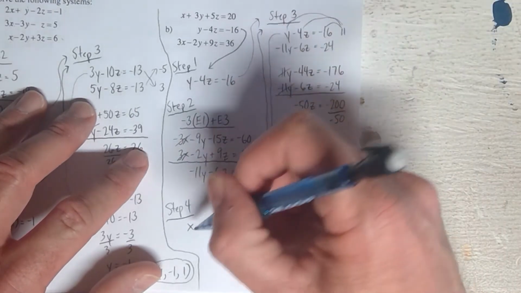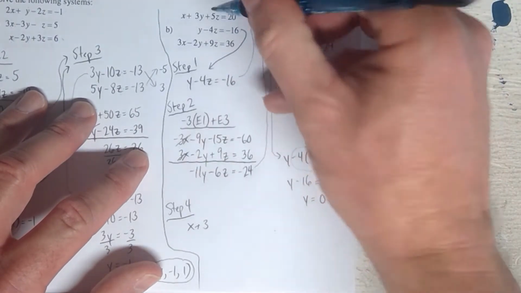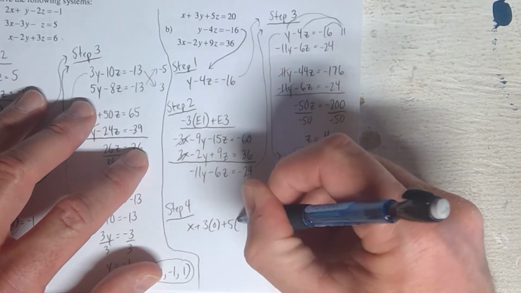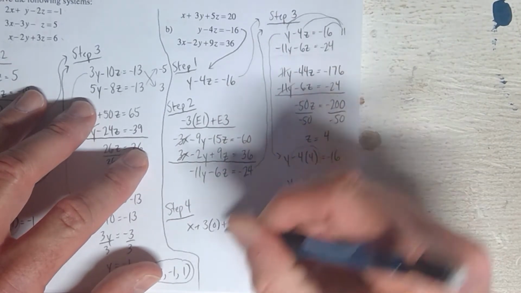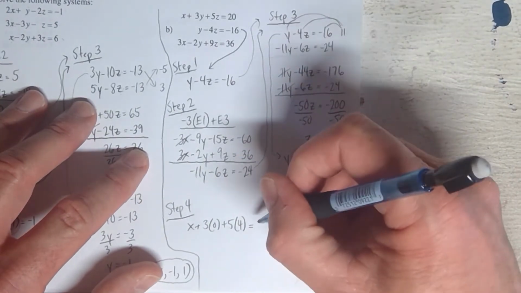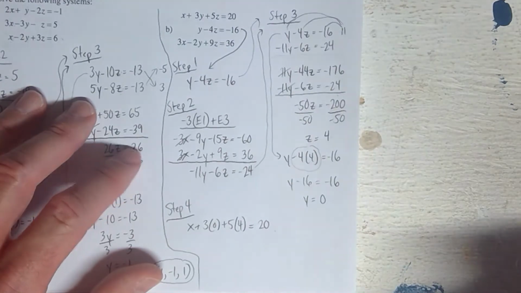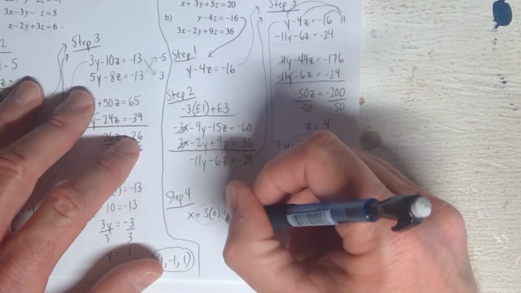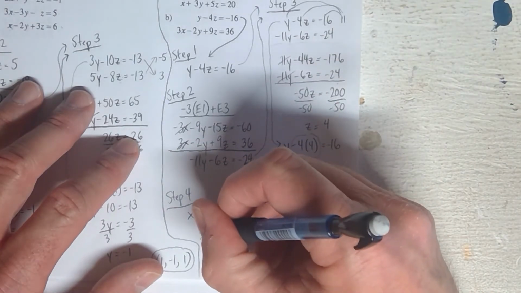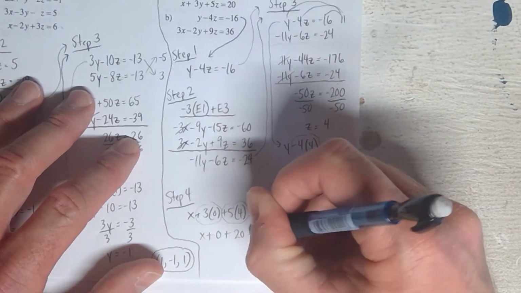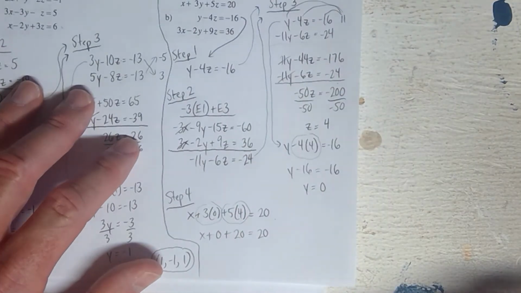Okay? So we got x plus, I'm going to pick the first equation there, x plus 3 times 0 plus 5 times 4. I plugged in y equal to 0 and z equal to 4. And that's equal to 20. Figure out what the terms are equal to that you plugged into, just like we've been talking about. And we get x plus 0 plus 20 equal to 20.